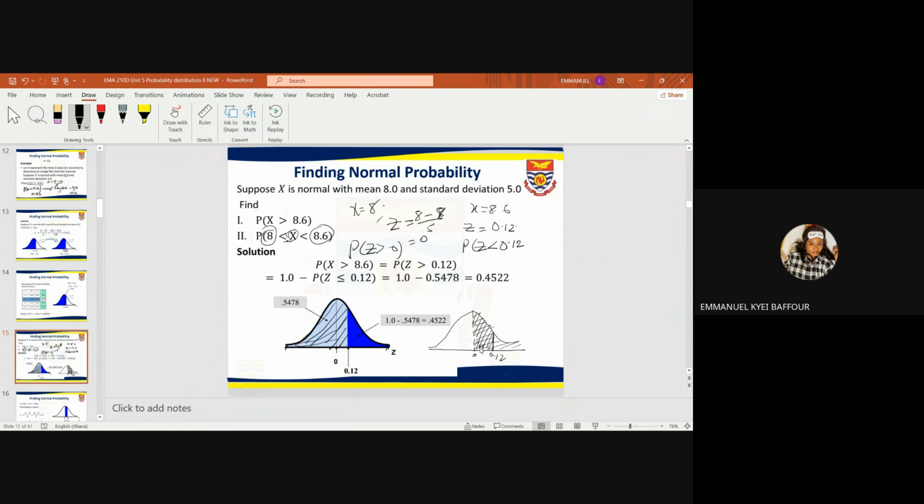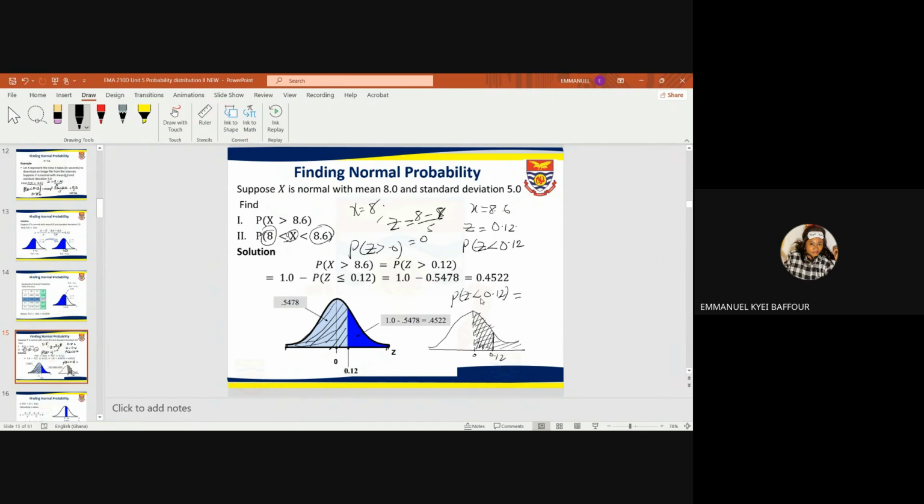So with this, what we will do is look out for the probability that our z is less than 0.12 from the table, and then we look out for this. After that, we take the difference and then we get this probability.